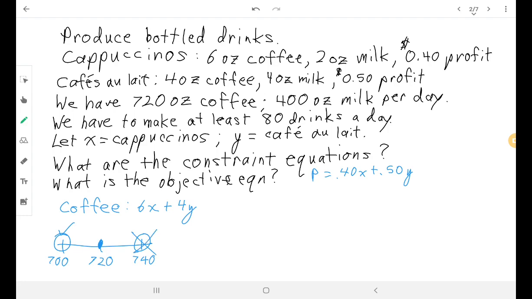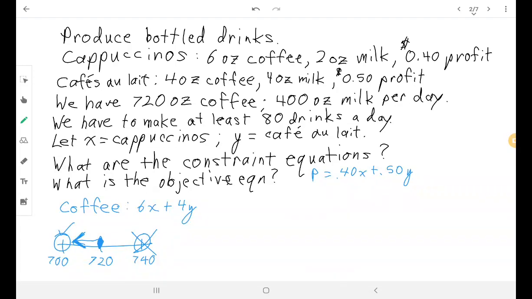So when you put that all together, you can see that you could use 720 ounces, or you could go backwards. And this gives you a really good way to create your inequality, because I could be equal to 720, or I could be less than.